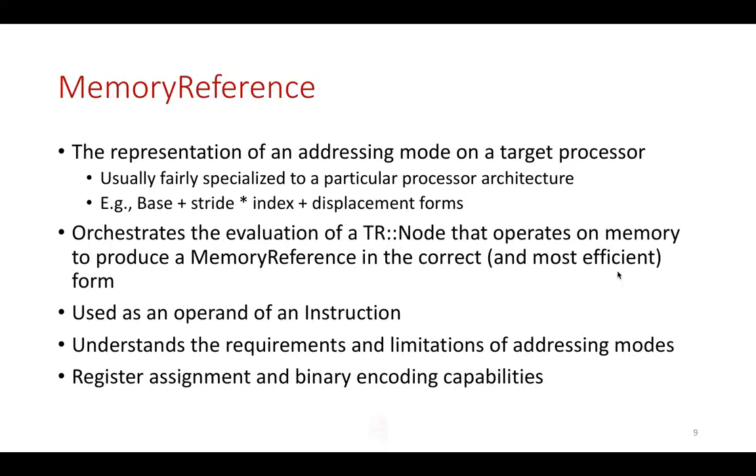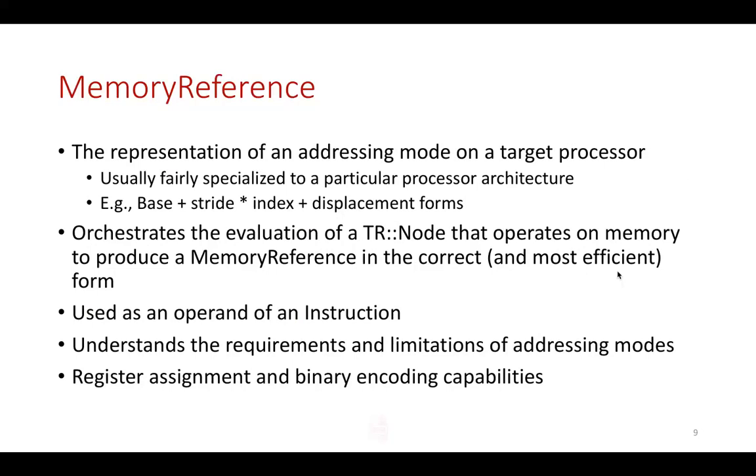Okay, so one of the components of an instruction is often some kind of an addressing operand. The representation of an addressing mode on a target processor can be achieved through a memory reference. This is typically very specialized to a particular processor architecture because the addressing modes on different processors are typically different.